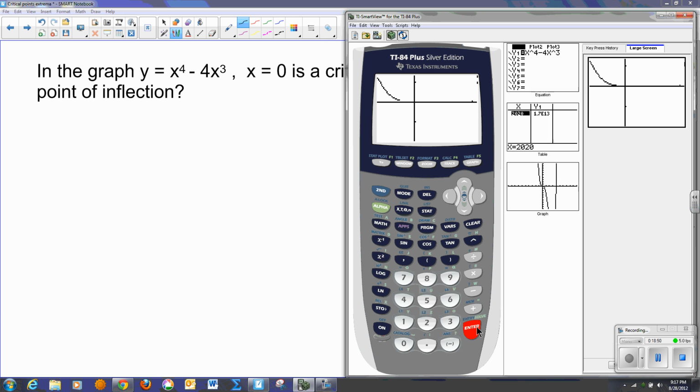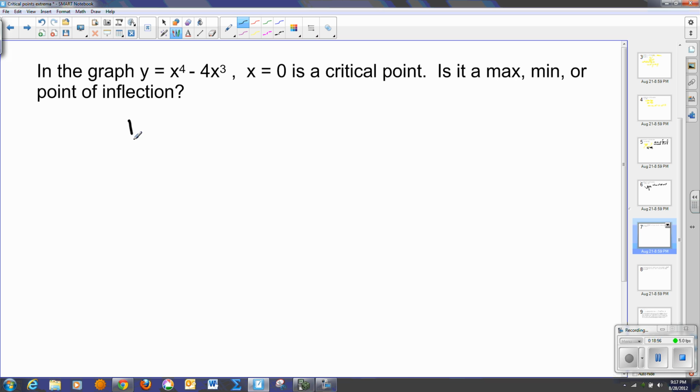So if I look at this graph, and I'll redraw it over to the left here, my graph looks something like this. So if I want to draw a set of tangent lines, at this point my tangent line looks something like this. At this point my tangent line looks something like this. At this point, which is the point x equals 0, my tangent to that curve is dead horizontal.